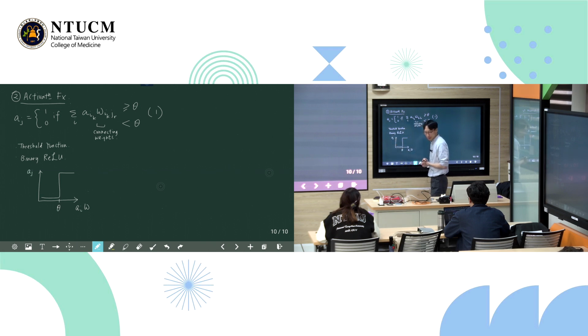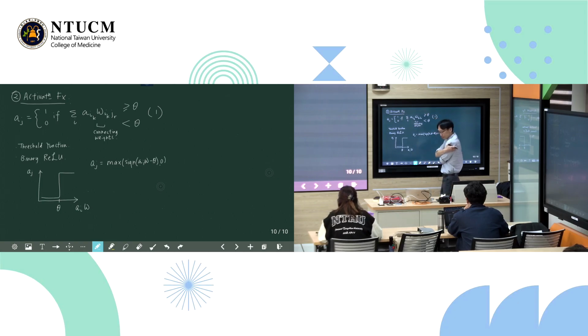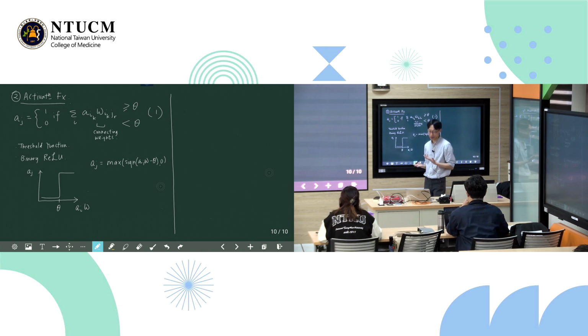And essentially, we will implement it when you write the code. You will be doing this one. I don't think this is a problem. We've done this before, and this is the activation function that Hopfield uses.